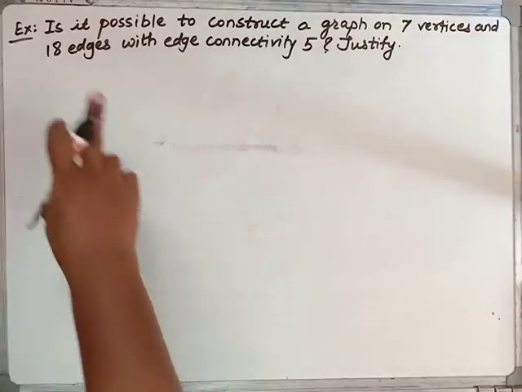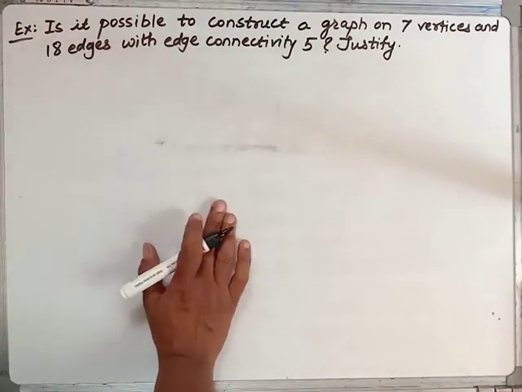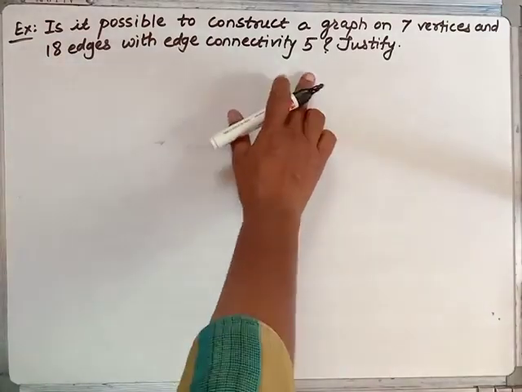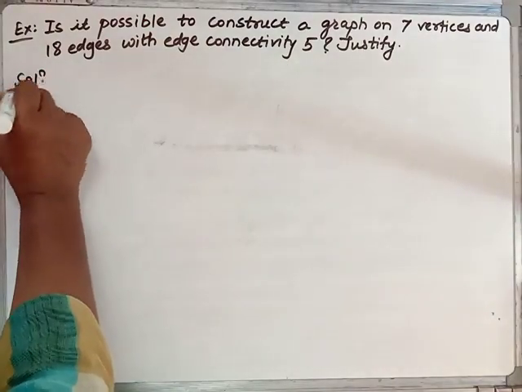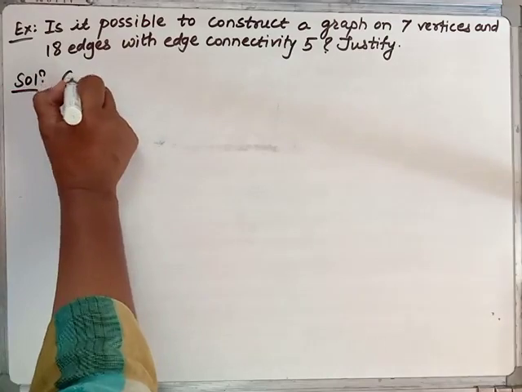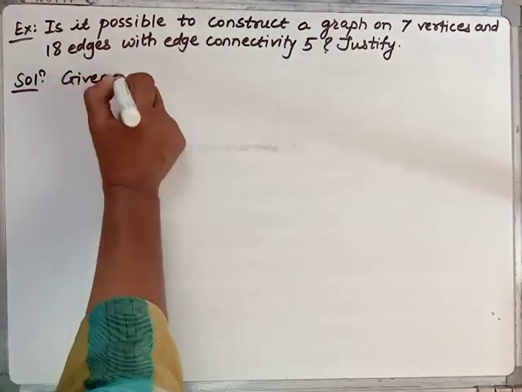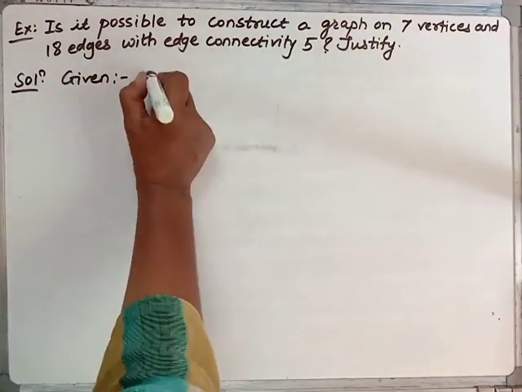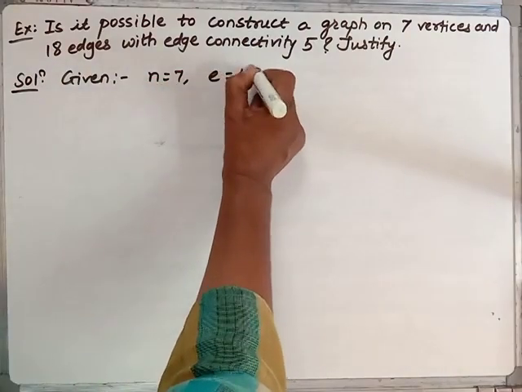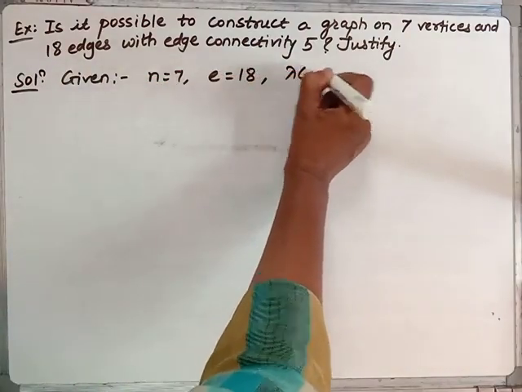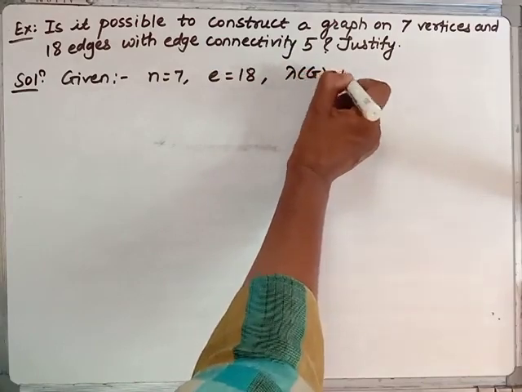Next one. The question says: is it possible to construct a graph on 7 vertices and 18 edges with edge connectivity 5? Justify. So let's check it. Solution. First of all, what is given? The number of vertices n is 7, the number of edges e is 18, and lambda of G is given to us as 5.